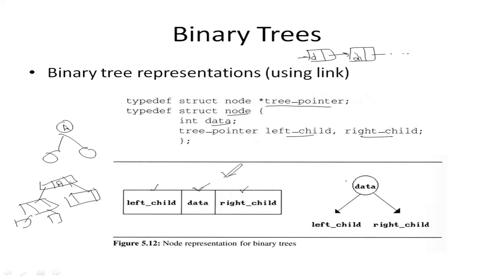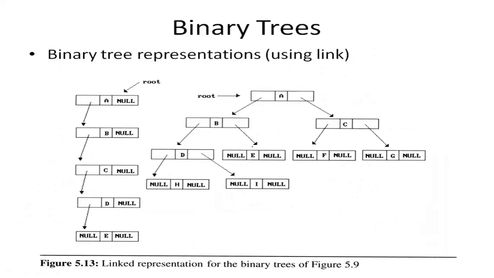Now if you look at those trees, this was the skewed tree which we had seen, something like this. There was A here, B, C, D, and E. So this was the left skewed tree. In case of array, there was a lot of memory wastage.